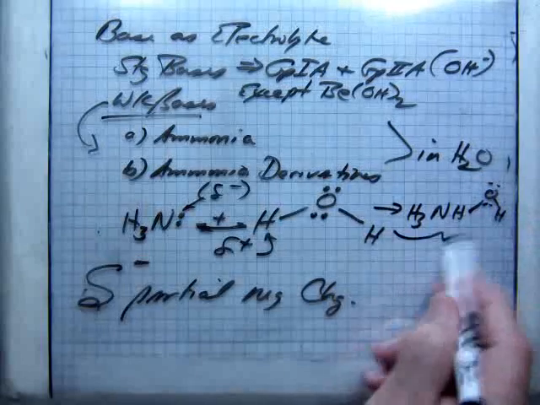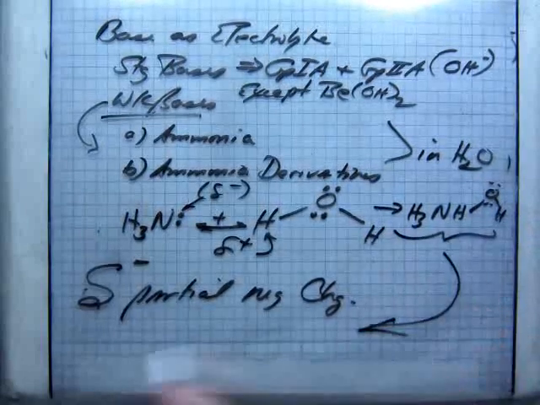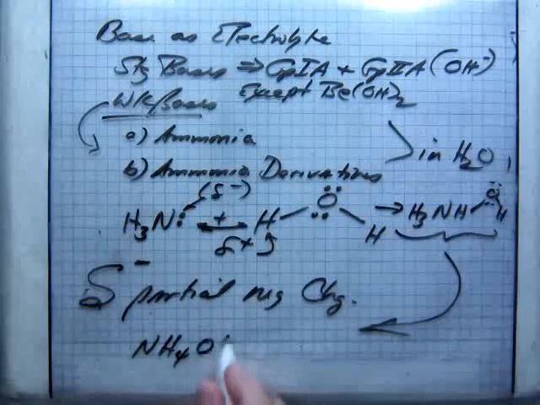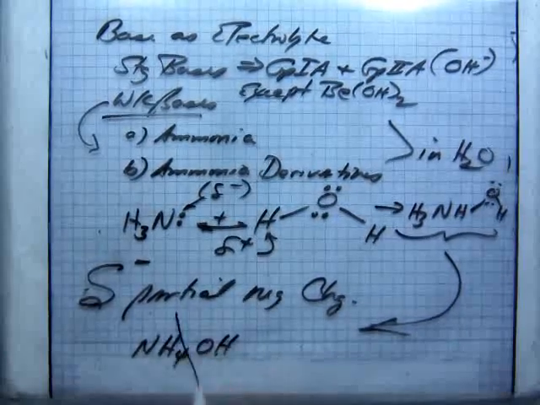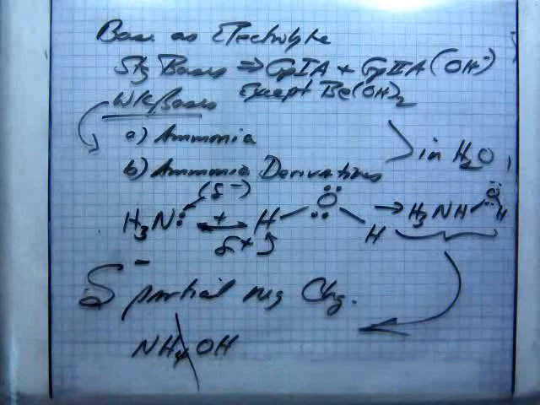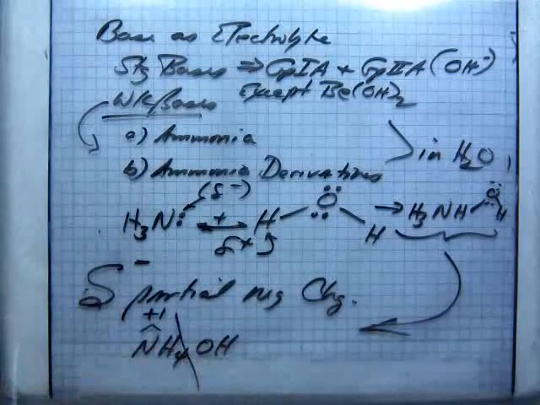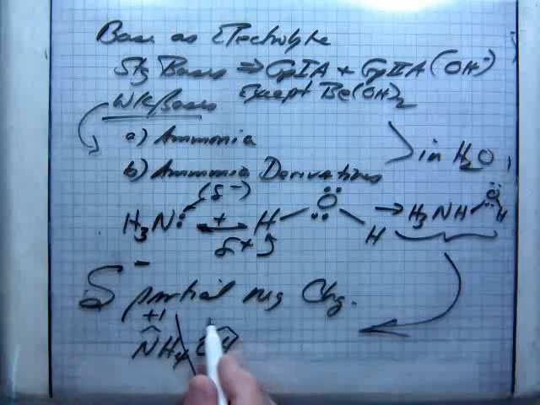Ultimately this is translated into NH4OH, the ammonium ion and the hydroxide ion, where this is +1, remember your polyion list, and OH is a -1.